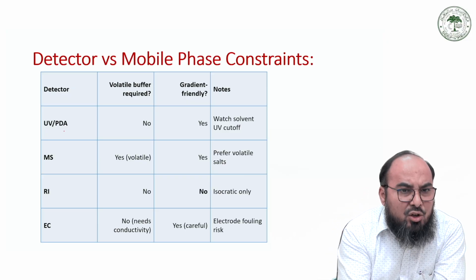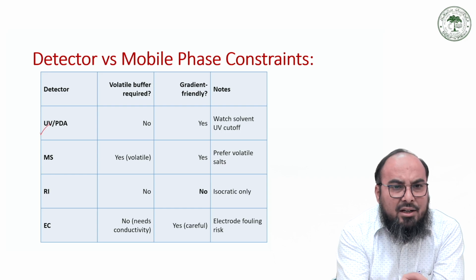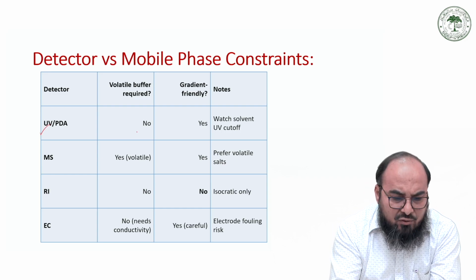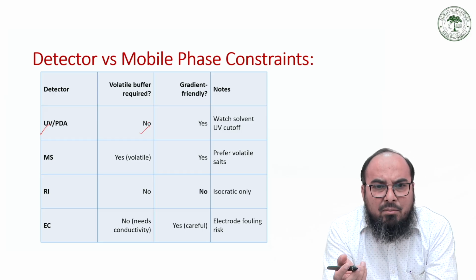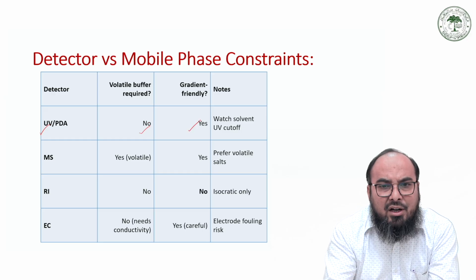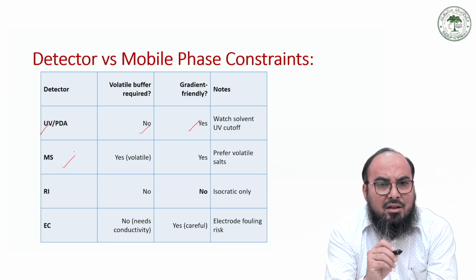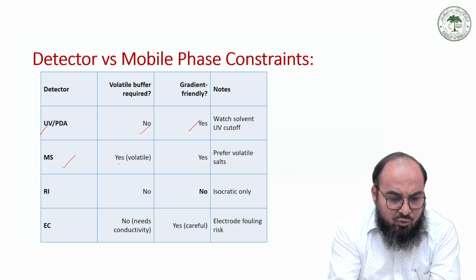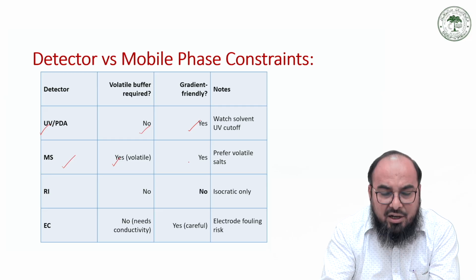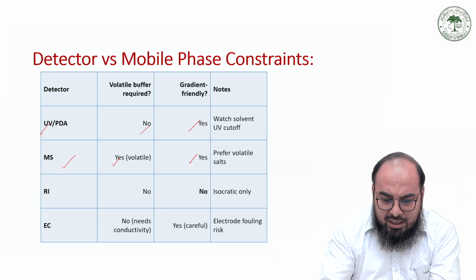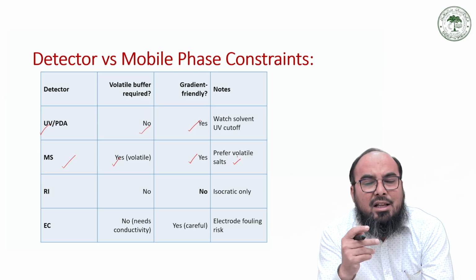Now, this is the summary with regard to the mobile phase. For example, if you are using the UV detector or PDA detector, there is no requirement of a volatile buffer, and it is gradient friendly, so you can use it. Similarly, if you are using mass spectrometry, then a volatile buffer is required. It is gradient friendly also, you can change the polarity, and it prefers volatile salts.